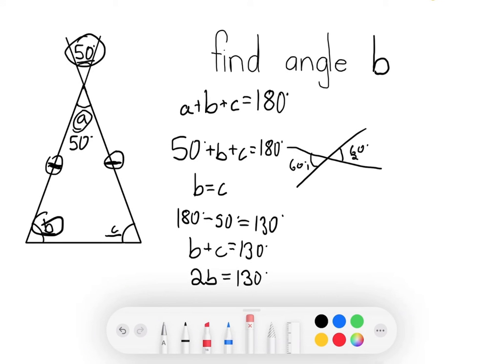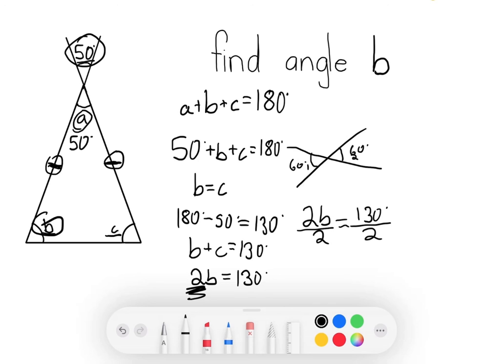Since 2B equals 130 degrees, if we divide 2B by 2, which basically leaves us with B, and also divide 130 by 2, we know what that equals. So 2B over 2 equals 130 degrees over 2.